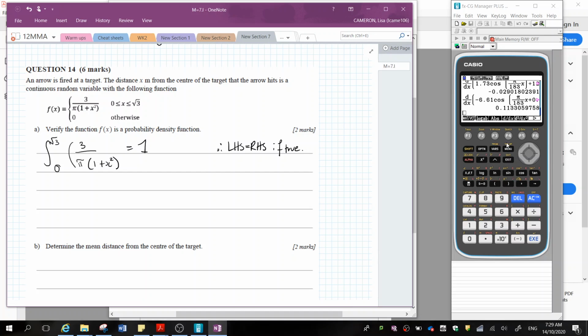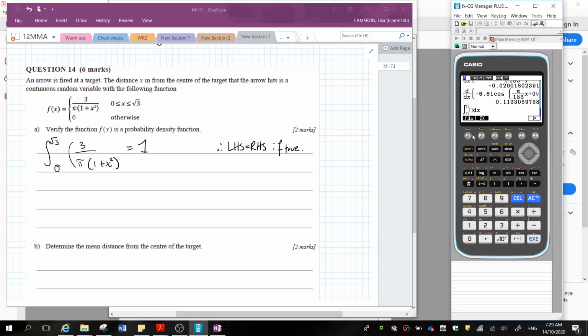Okay, so now over here we are going to go to our integration function. I'm going to put the square root of 3 at the top. Oh, no, delete. Okay, so in there we're going to put fraction 3 over bracket 1 plus x squared bracket, and 0 is our lower bound.